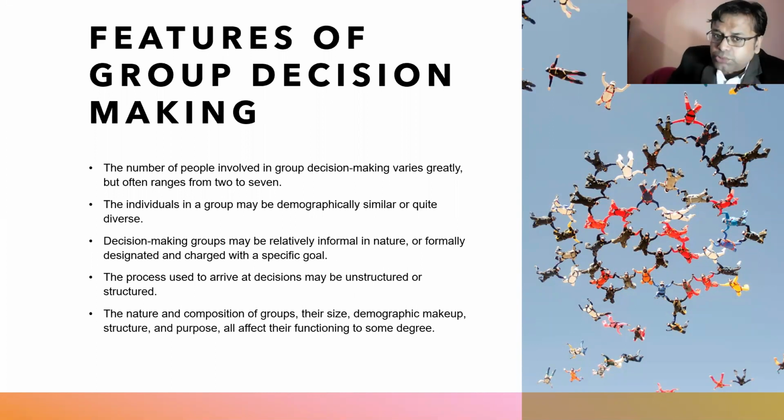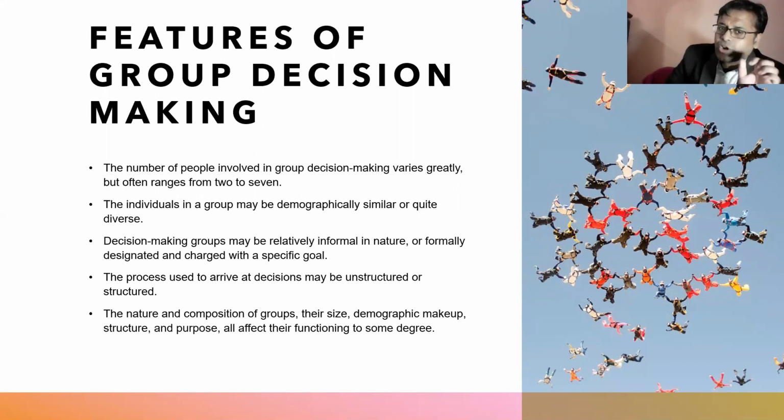The process used to arrive at a decision may be unstructured or structured. Usually, if the group is formal, then it is structured. If the group is informal, then it is unstructured.